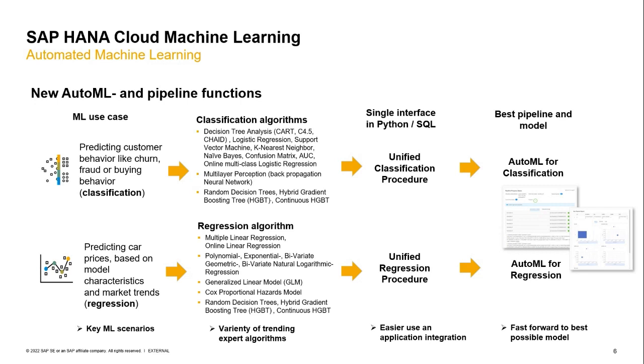Now, the AutoML framework on top of that allows us to build these composite models with a sequence of algorithms in a pipeline, and that automation framework comes up with the best possible pipeline or model configuration.